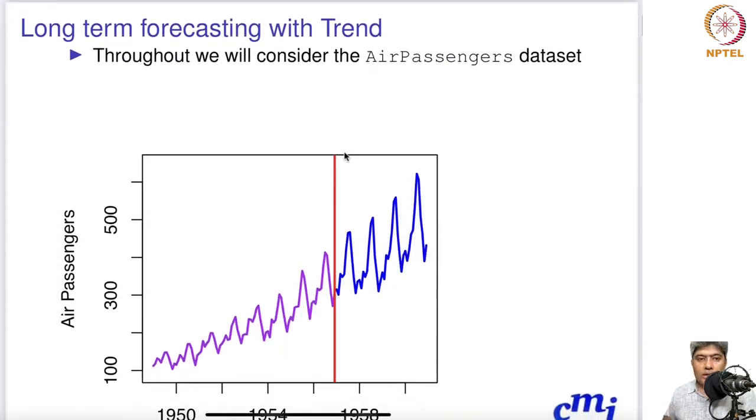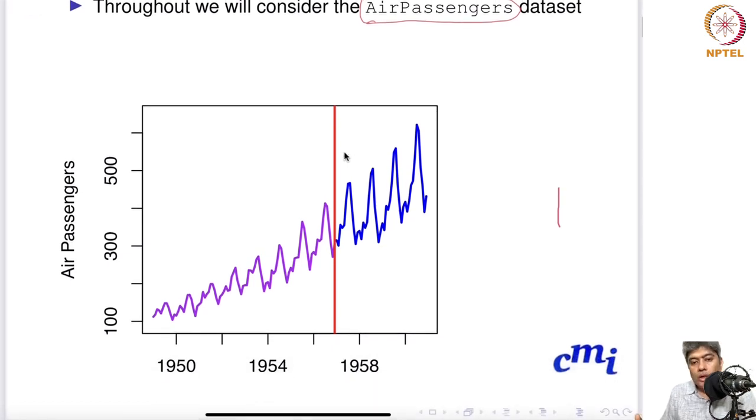In order to understand long-term forecasting with trend, we will consider the AirPassengers dataset. This is a small dataset but very good for understanding the concepts. As I discussed in my live session also, small datasets are good for understanding basic concepts, and in the hands-on we will use longer and more complicated big data.